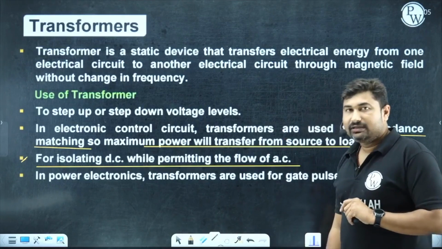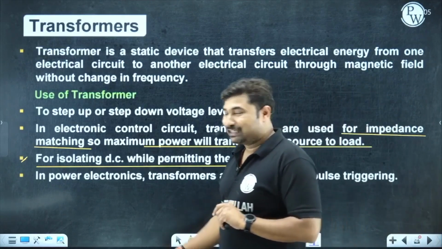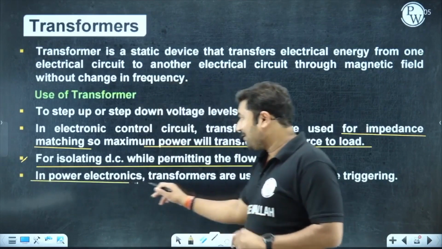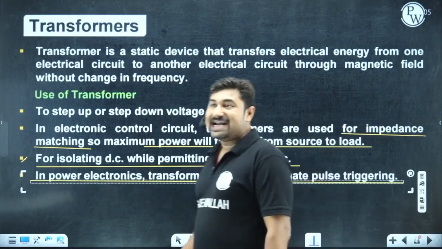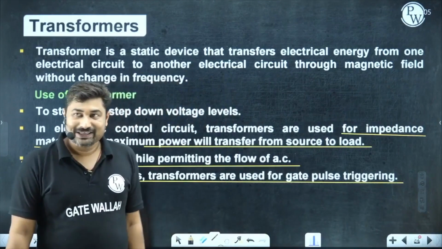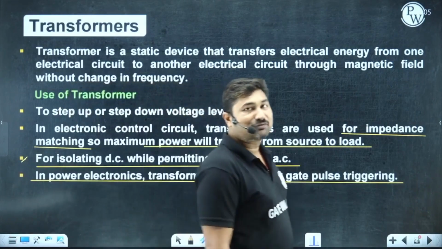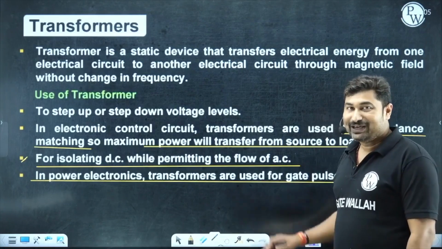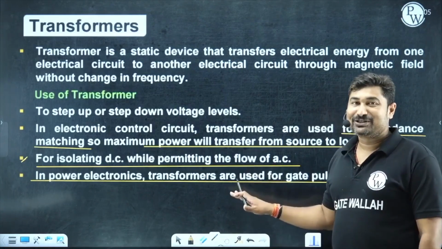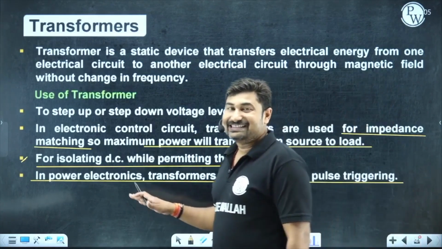Now, last one. I'm hoping you are aware of power electronics. So, in power electronics, transformers are used for gate pulse triggering. I'm hoping you are already aware of this because you have completed your power electronics just before this.